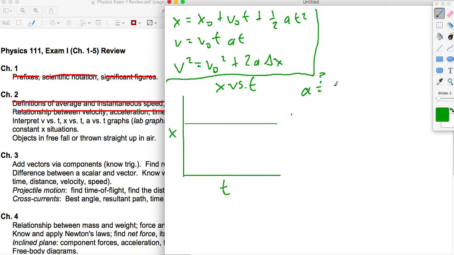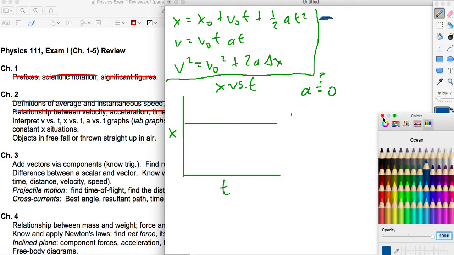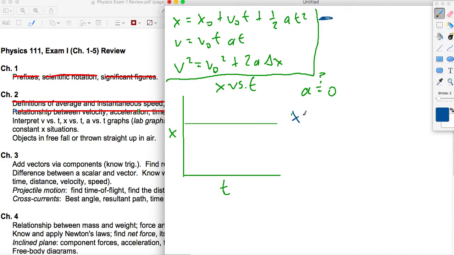Just looking at it, this answer would be 0, and I'll explain why in a little bit. Now we're going to look at our formulas again. Let's look at the first one. Let's write that out again: x equals x naught plus v naught t plus 1 over 2 a t squared.